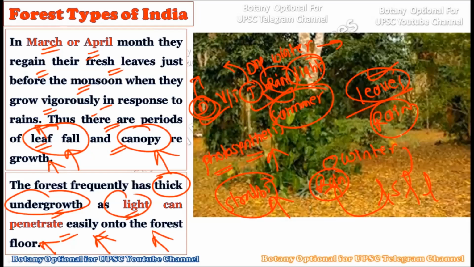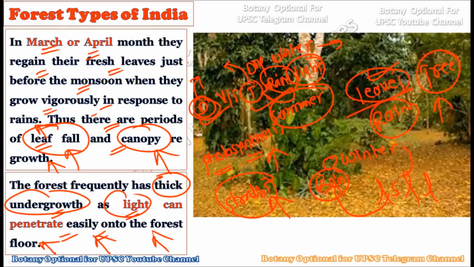But in the evergreen forest you will always find long trees, huge trees. Why? Because at the floor level you will not find any light, and there cannot be any photosynthesis. So growing higher and higher and creating canopy at the top is the basic strategy adopted by the trees in the evergreen forest.